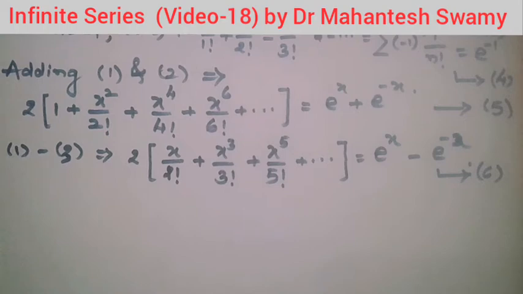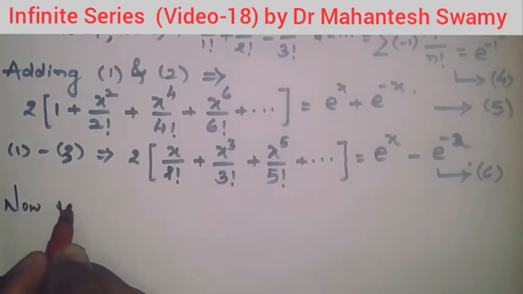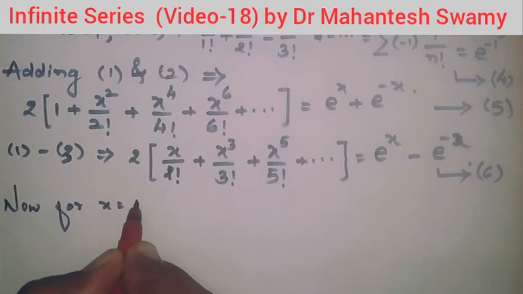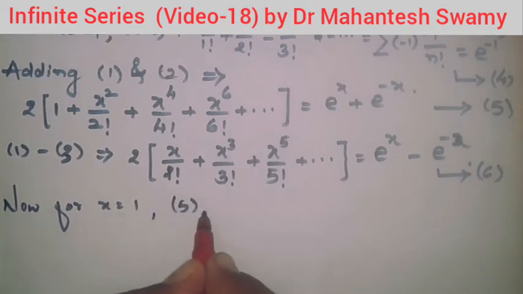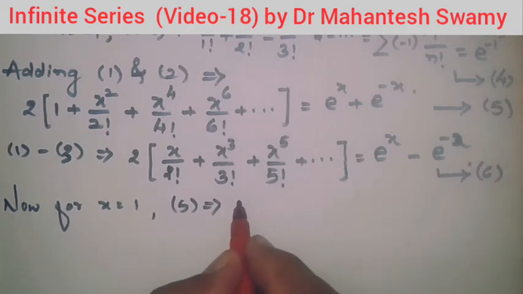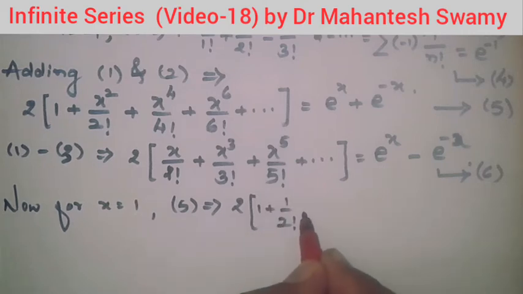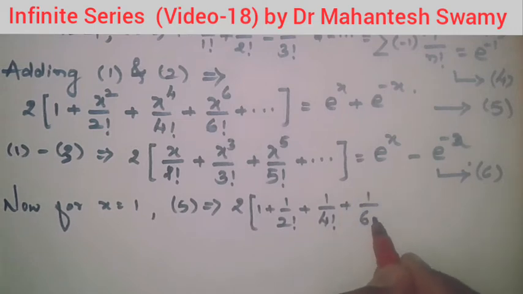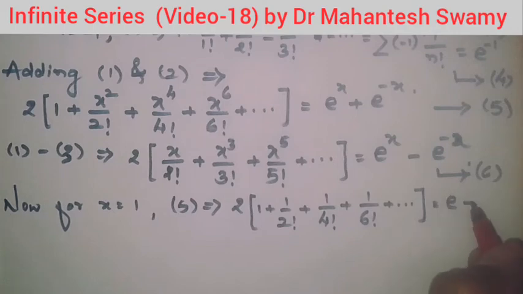Now when we put x is equal to 1 in the series number 5, for x equal to 1, series number 5 implies that 2 into bracket 1 plus 1 by 2 factorial plus 1 by 4 factorial plus 1 by 6 factorial plus dot dot dot equal to e plus e to the power of minus 1.